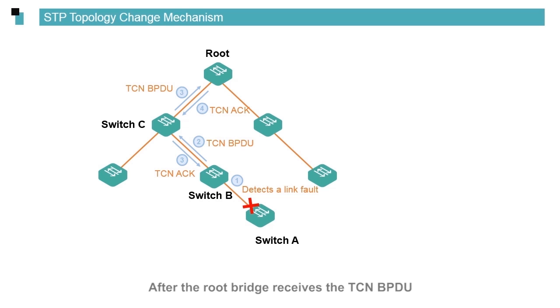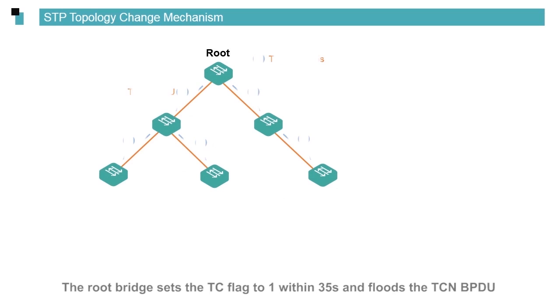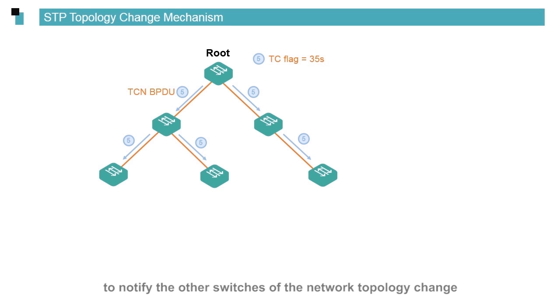After the root bridge receives the TCN BPDU, the root bridge also replies with an ACK BPDU. The root bridge sets the TC flag to 1 within 35s and floods the TCN BPDU to notify the other switches of the network topology change.